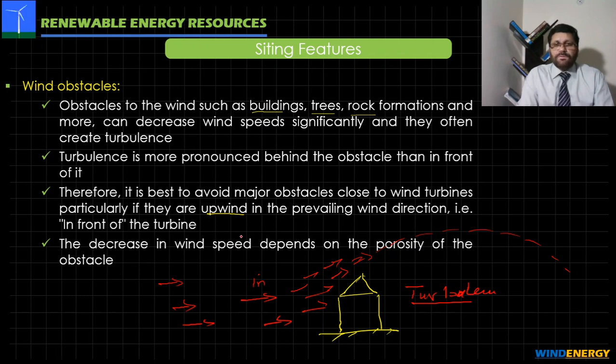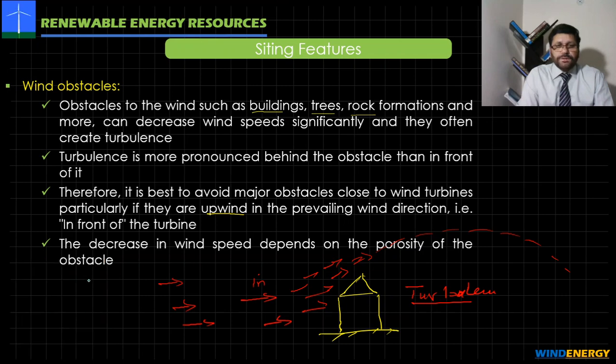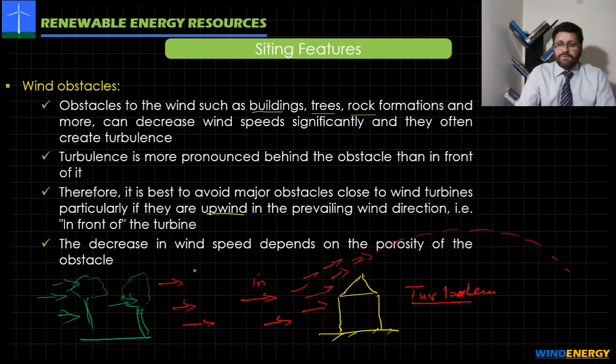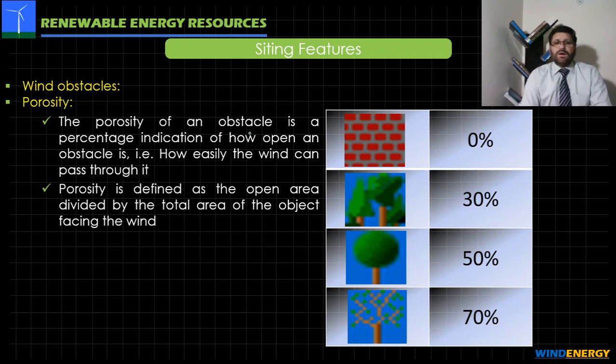If you are talking of obstacles in the form of trees, let's say the number of trees in that vicinity, the porosity depends on how much open area is available, and we will see this in detail here. The porosity of an obstacle is a percentage indication of how open an obstacle is, how easily the wind can pass through it.